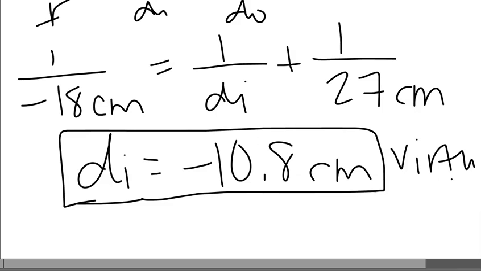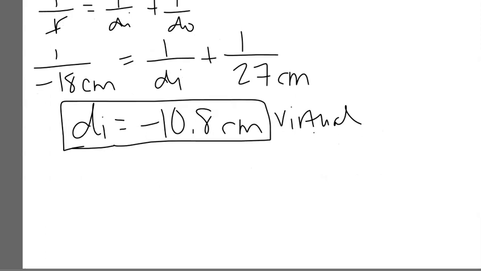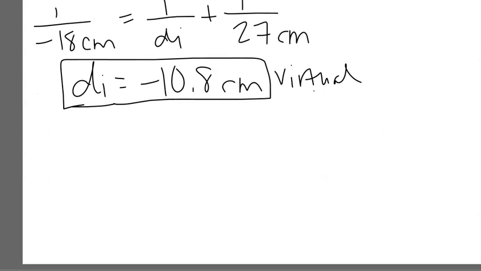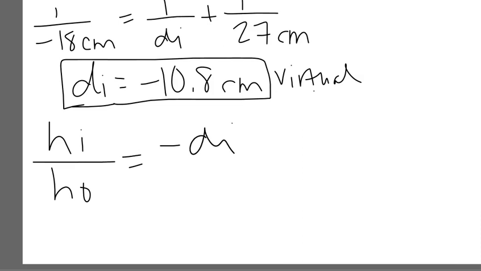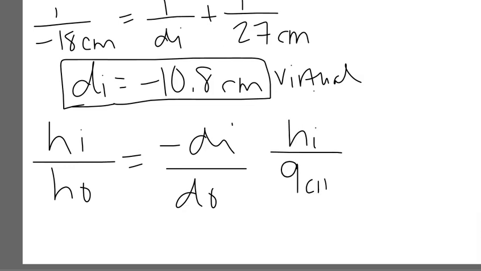Now let's solve for the magnification, so we're solving for the height of the image. We'll use our magnification equation, which is HI over HO equals negative DI over DO. We plug in HI over HO, which they told us was 9, equal to negative DI.